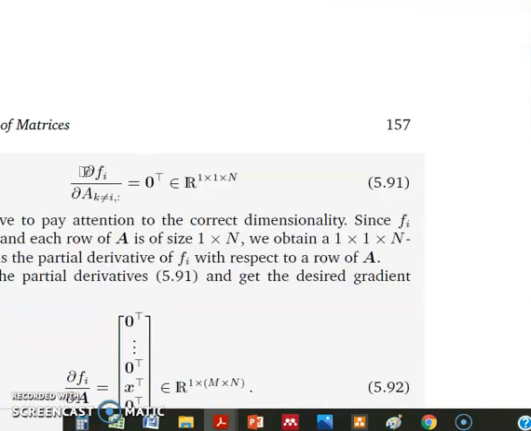That is what this equation is used for. Del f_i by del a_k, where k is not equal to i, that is, it doesn't match the numerator, then the other entries can be made 0, resulting in the dimension 1 by n. The dimension will be the same, but the entry will be 0.